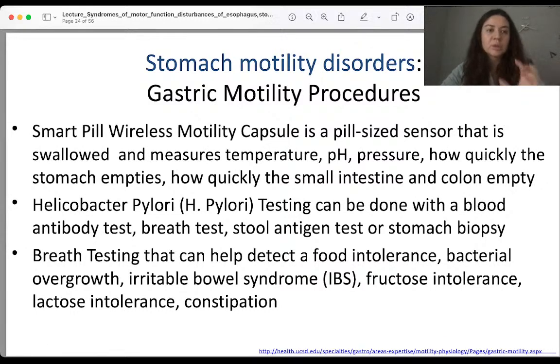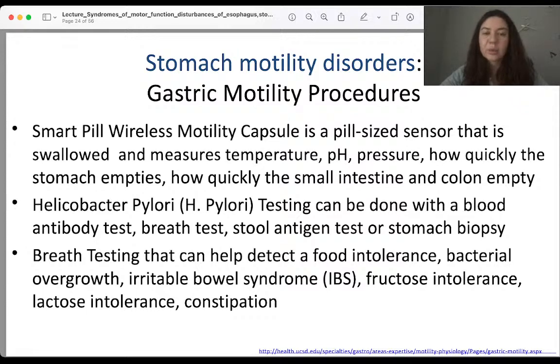We use a pill that contains a camera and processor and can fix during its passage pictures and video of all parts of the GI tract. It is a pill-sized sensor that is swallowed by the patient and measures temperature, pH, pressure, how quickly the stomach empties, how quickly the small intestine and colon empty.